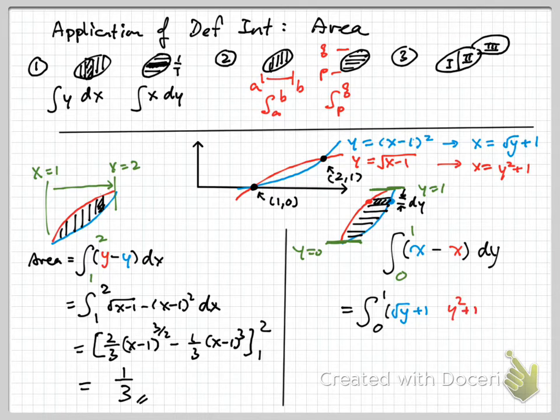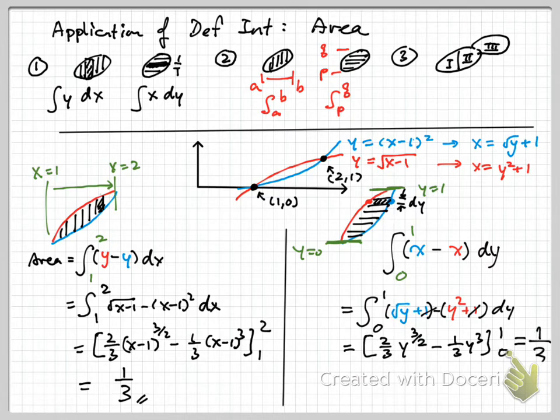The plus 1 terms get cancelled, dy. So this goes to 2/3 y^(3/2) subtract 1/3 y cubed, integrated from 0 to 1. And once again, if you put back the 1 and 0 into this bracket, it goes to the same 1/3.